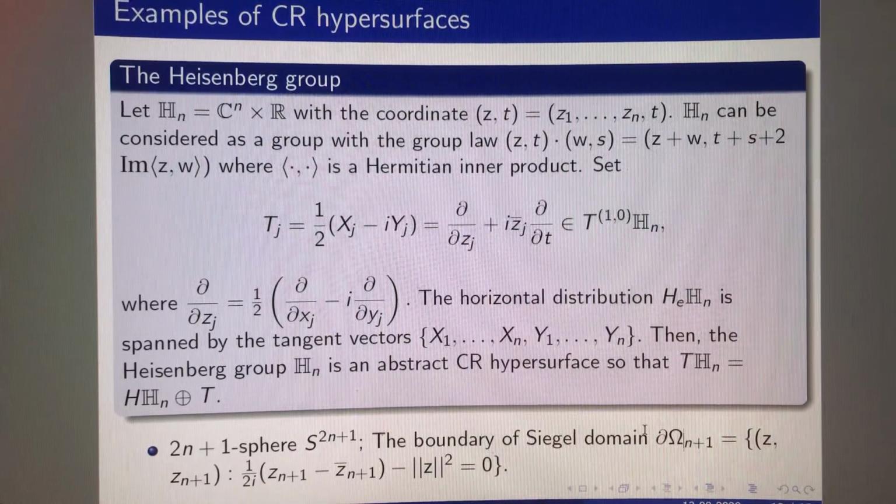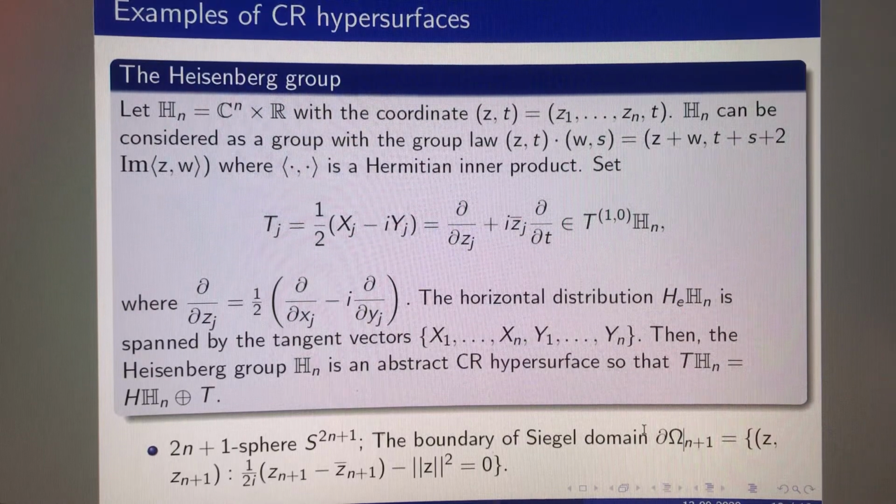By CR equivalence, that means a mapping from one CR manifold to another CR manifold. The first thing is that this mapping is a diffeomorphism, and the second thing is that this mapping preserves the horizontal distribution and also commutes with the complex structure corresponding to each horizontal distribution of the CR manifold. And of course, those two CR manifolds must have the same type.